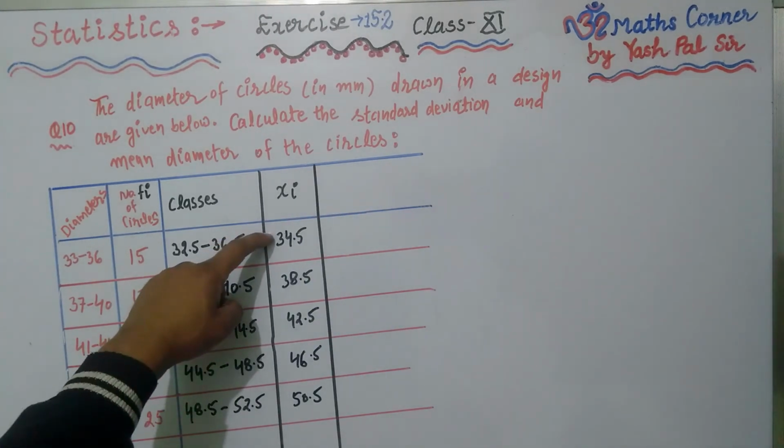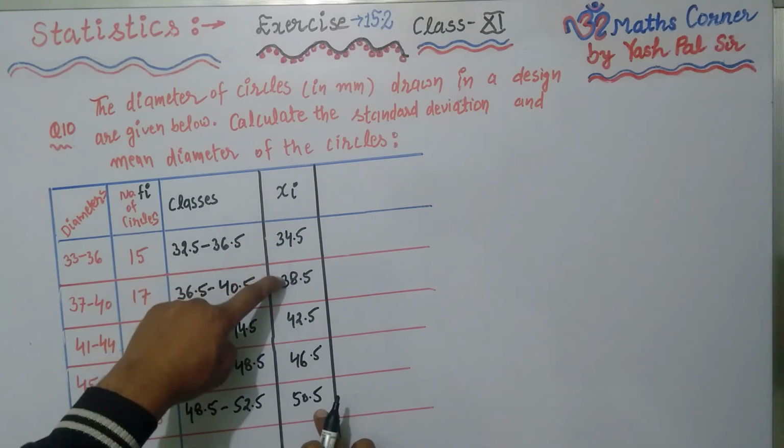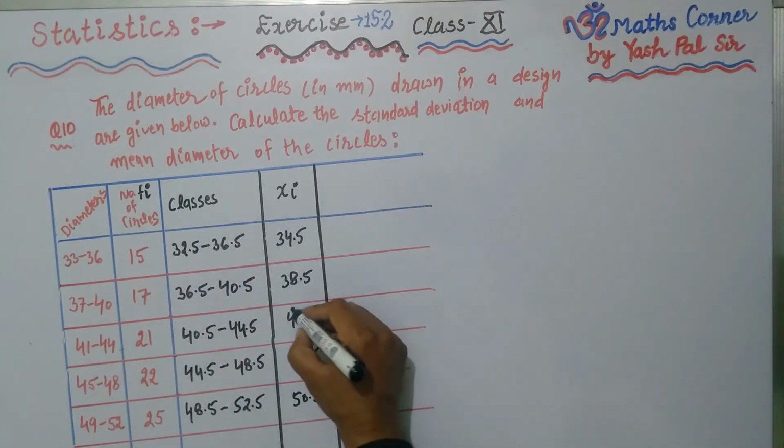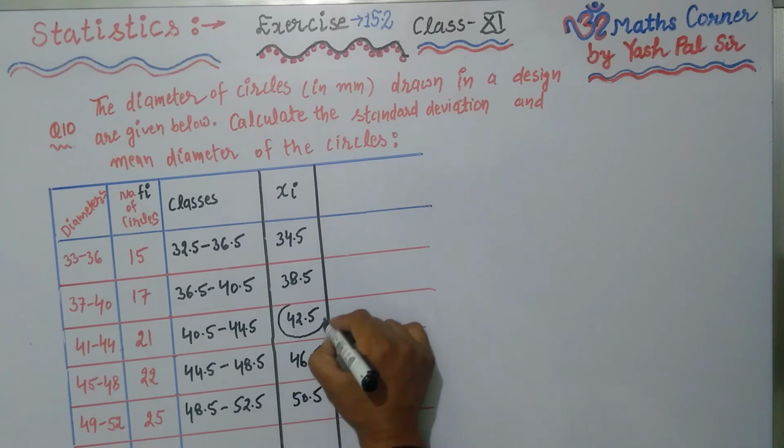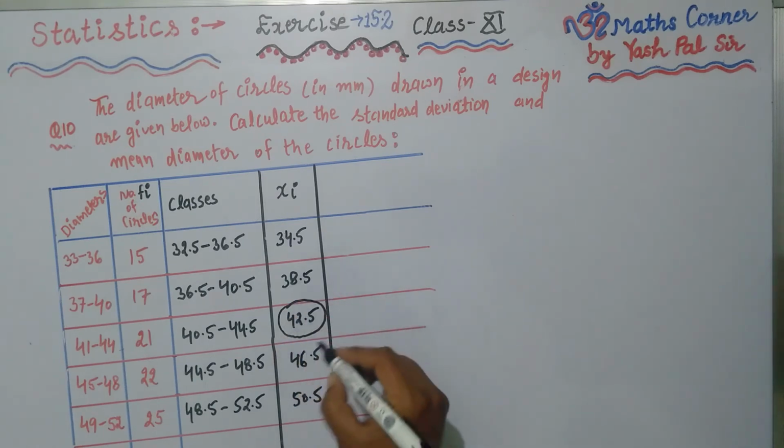Now which is in the middle? 1, 1, 2, 2. This one is in the middle. So we suppose this as the assumed mean.